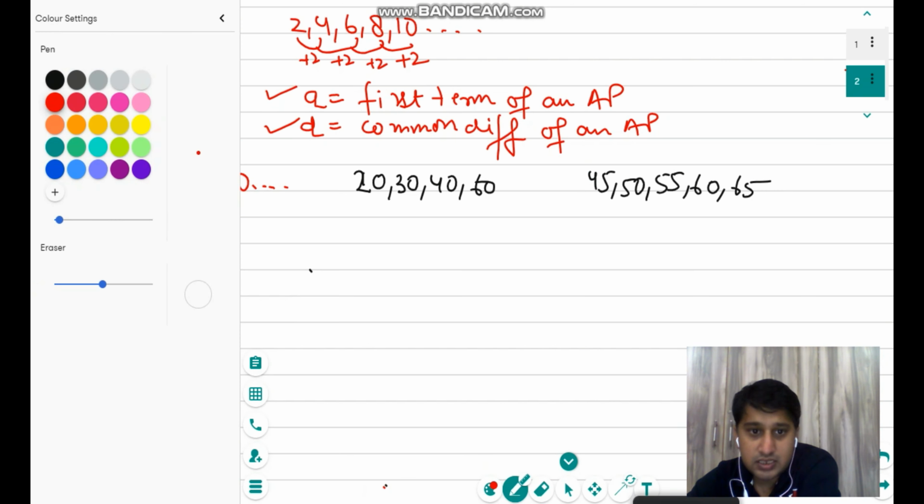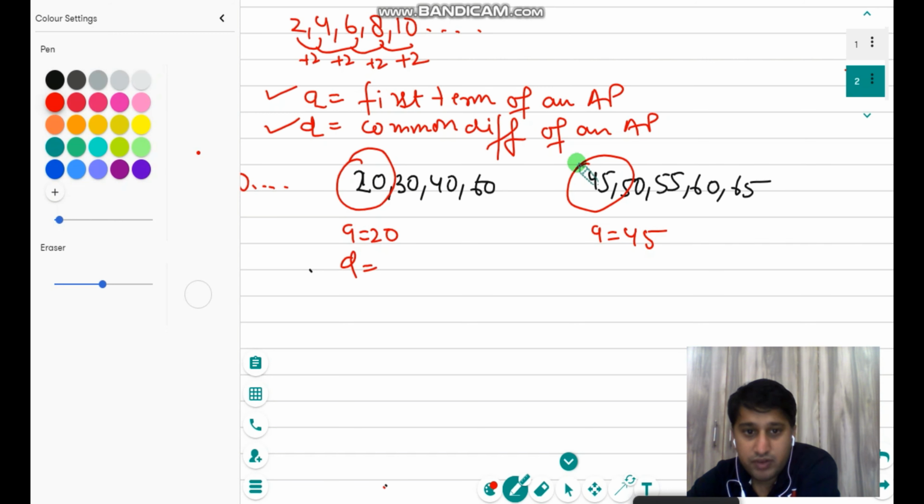You can very easily say that the first term is 20 over here, and 45 over here. So here A is 20, and in this AP A is 45. And what is the common difference? The common difference is 10 over here, and 5 over here.